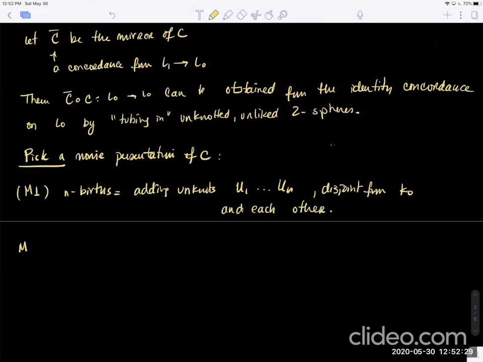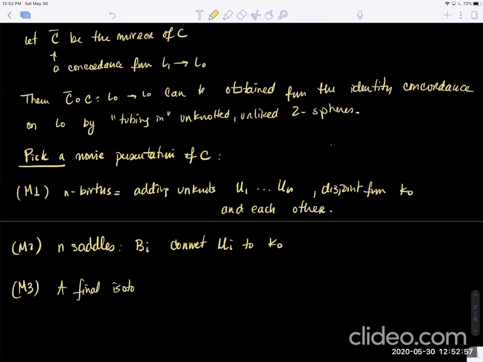Right. Your second movie point is the creation of n saddles. So, we're going to call them Bi, or bands, that are connecting the Uis to K0. And then lastly, our last movie scene, let's say, is a final isotopy from the surgered knot, which is given by K0, right?